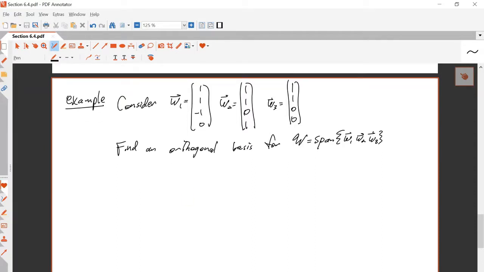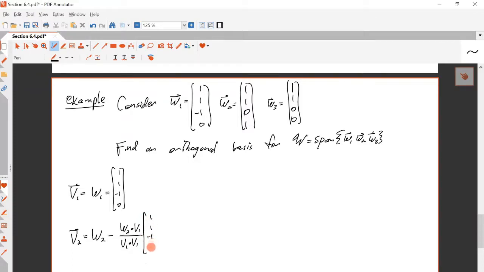So we apply Gram-Schmidt. V1 is equal to W1, which is 1, 1, negative 1, 0. V2 is W2 minus W2 dot V1 over V1 dot V1 times V1.